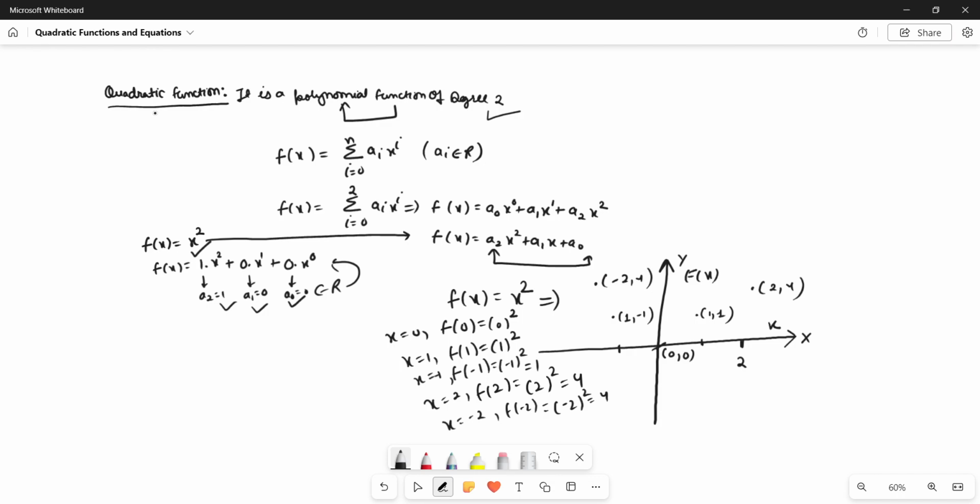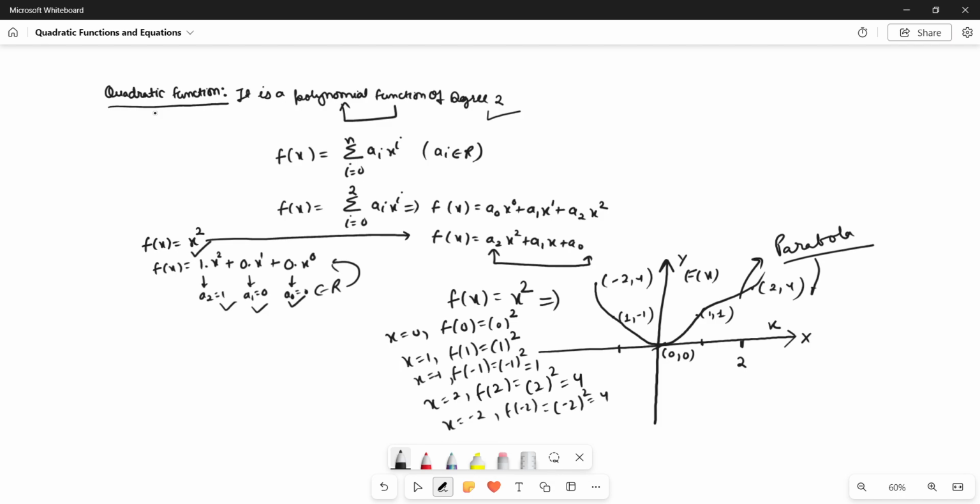Now just try to connect the dots. We will get a beautiful curve. This curve is nothing but a parabola. This curve is called parabola.